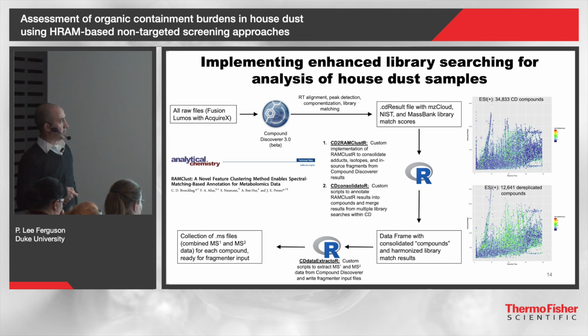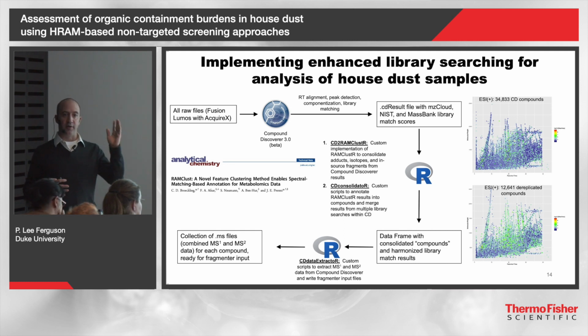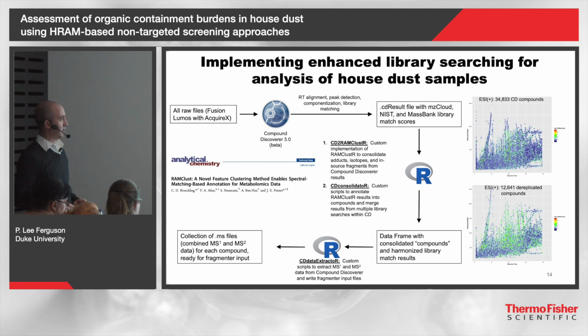We wrote another script called CD Consolidator, and this takes the RAMClust results, merges all of the library results together, picks the best library search, and also does a rigorous search for in-source fragments. Basically, for every compound that has MS2 data, we take a look at that MS2 spectrum, and then we look for any of the MS2 fragments in a window around the precursor within the MS1 data, and pull those out and call them in-source fragments.